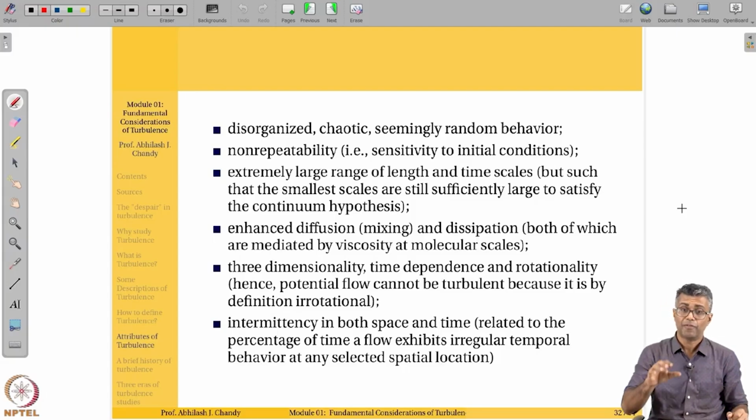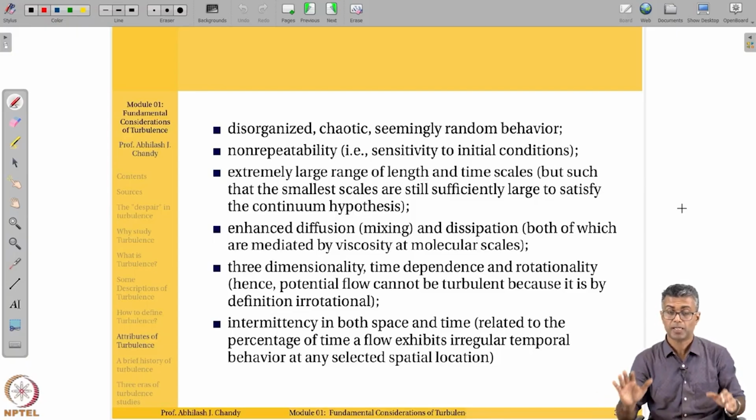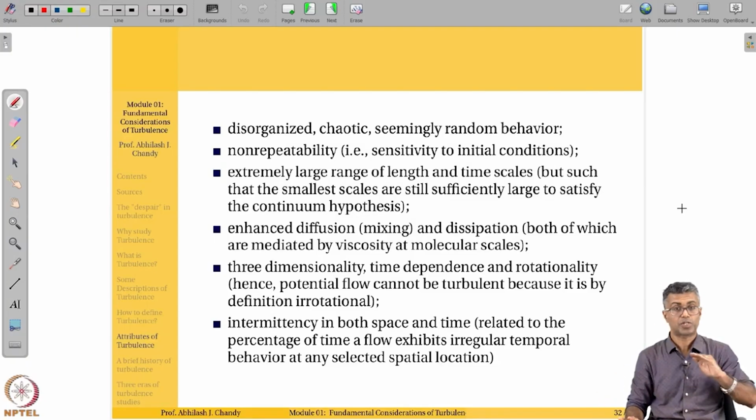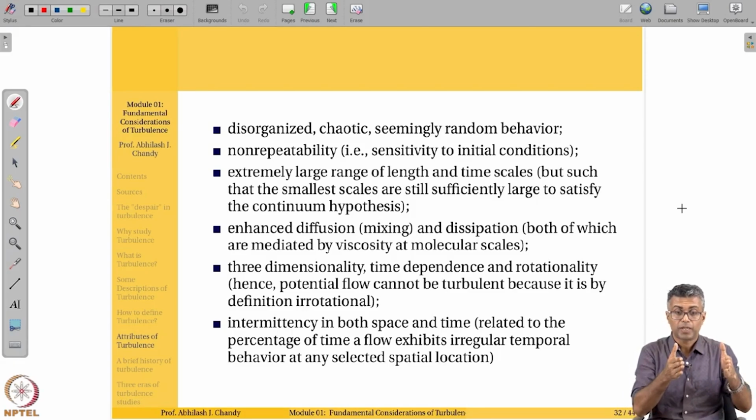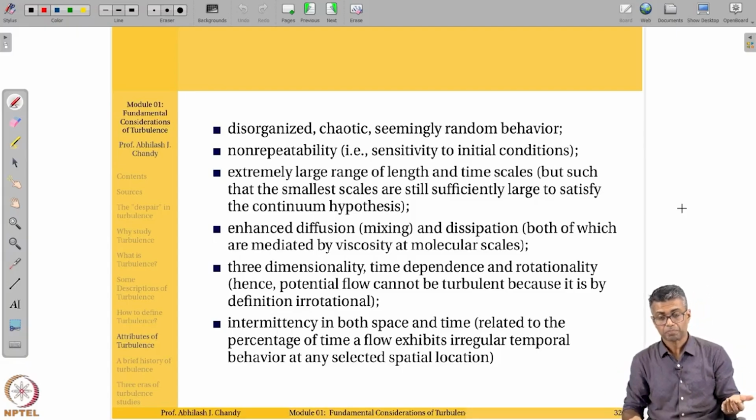Keep in mind, when I talk about the range of length scales, the small scales are still much larger than the molecular scales, and the continuum hypothesis is still valid in turbulent flows. We started with that. Related to that, when I talk about turbulent mixing versus viscous diffusion, viscosity plays a role in both of these.